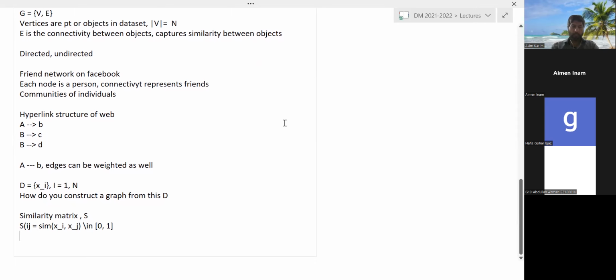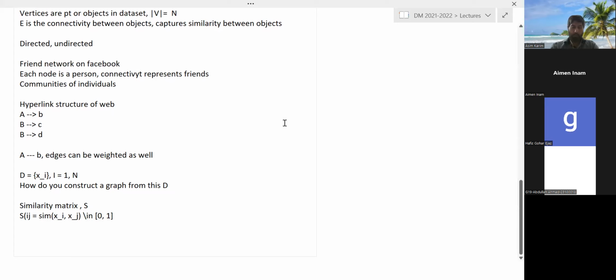For most clustering problems, or all clustering problems, you should have a way of quantifying the similarity between 2 points. That's a requirement for clustering. So from this matrix, you can construct a graph. How? Simply take the similarity value as the weighted edge between those 2 points.